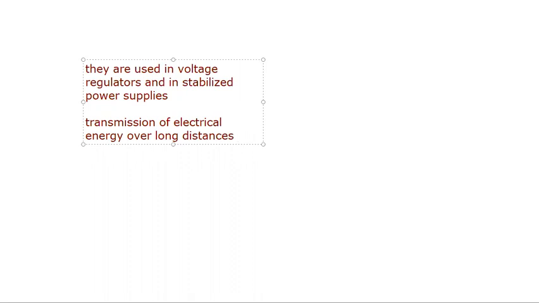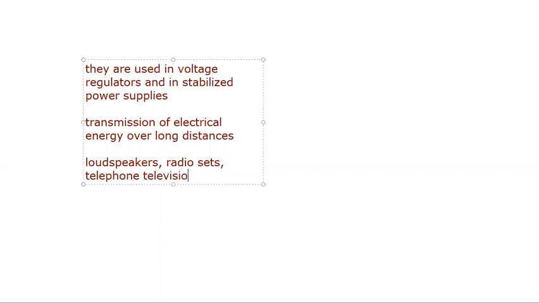Small transformers are used in a lot of applications like loudspeakers, radio sets, telephone and television, your laptops, etc. So this is something which is very important, and the question could come later: what are the applications, or what is the principle, that is mutual induction, or distinguish between step-up transformer and step-down transformer.